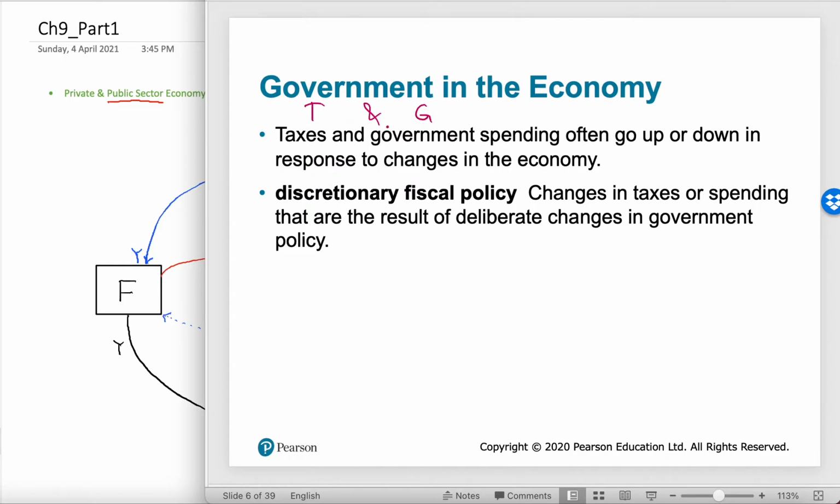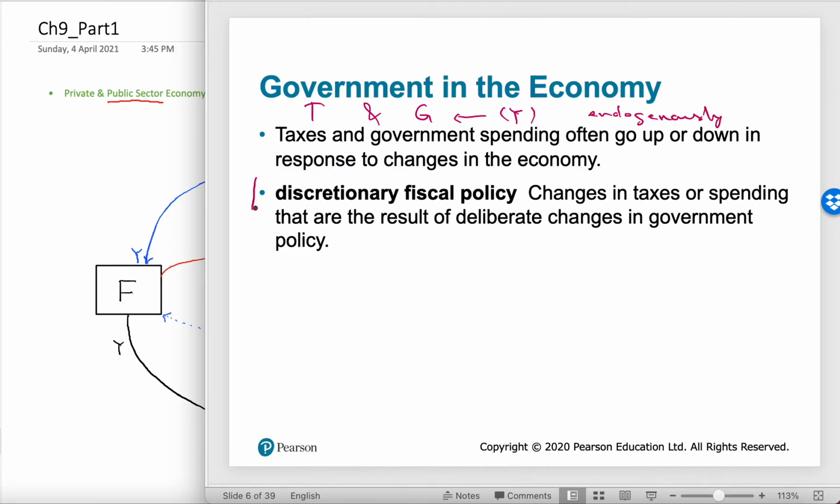Both T and G may be changing with the level of aggregate income. This is how they may change endogenously.